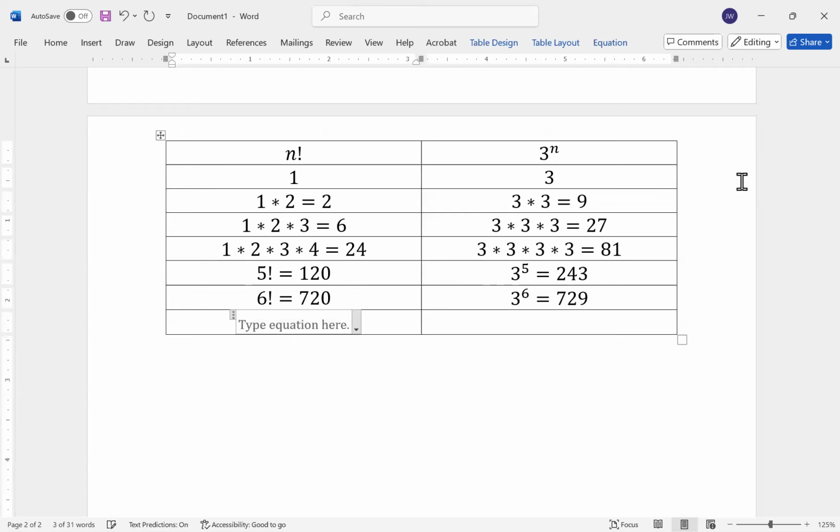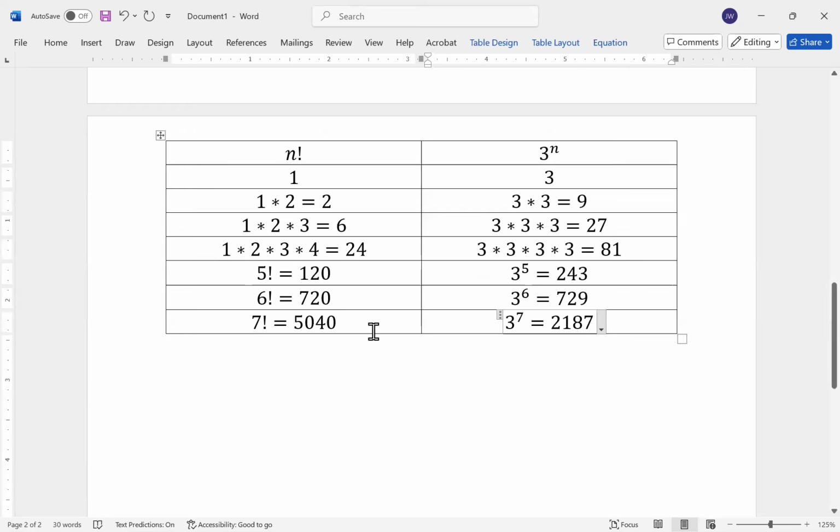And then with 7 factorial, finally the factorial overtakes this 3 to the n. We get 5,040 with the factorial when I plug in 7. And then 3 to the 7th becomes 2,187.